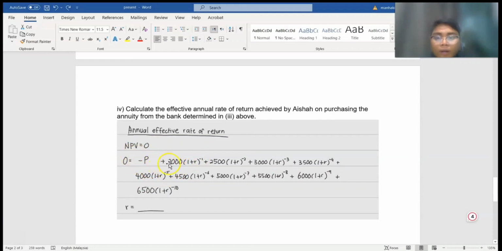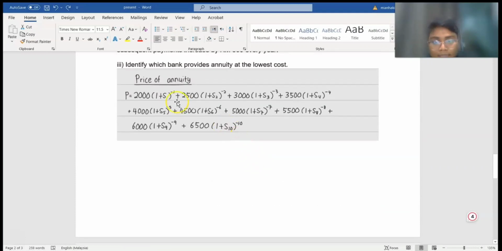we need to add 2000 multiplied by 1 plus R to the power of negative 1, plus 2500 multiplied by 1 plus R to the power of negative 2, same as this, but here we do not use the spot rate given in the question.